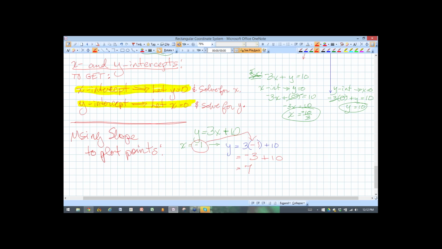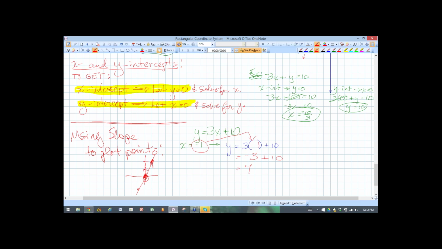Remember, the slope is the slant, right? And so if there's my area here and I have a line that's pitched like this, so to speak, okay? To get from one point to the next, I rose, let's say if this is real, this many and ran that many, right?